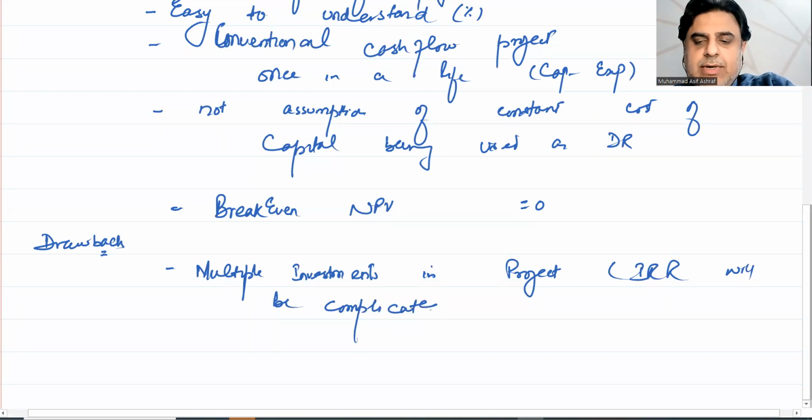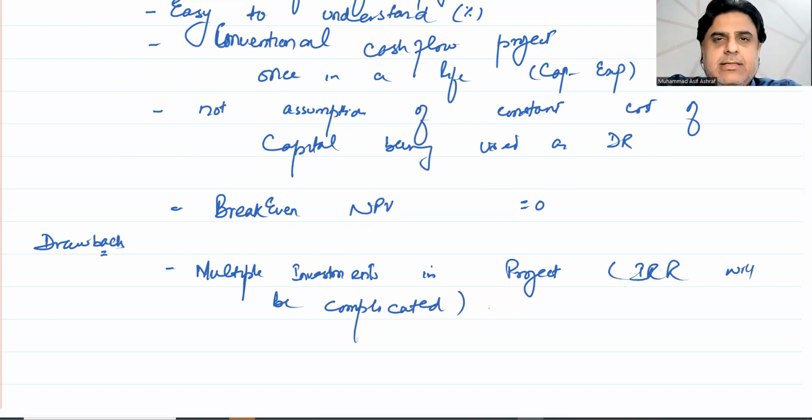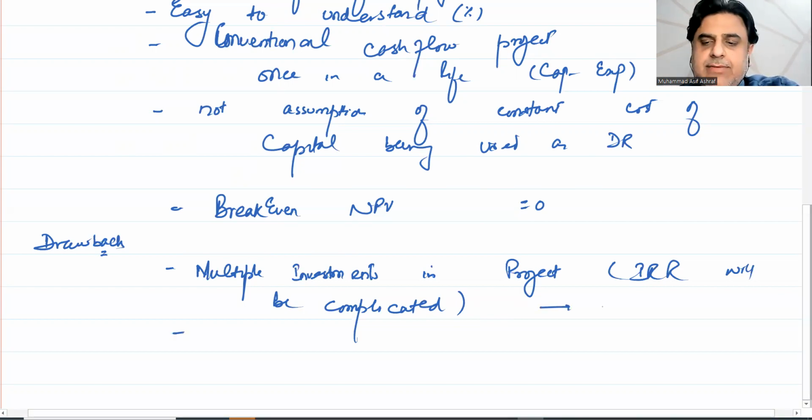Because as I told you earlier, IRR is of an investment, not of a project. But if you have multiple IRRs, then how would you be able to calculate the return of the project? In this case, definitely the NPV method is preferable.